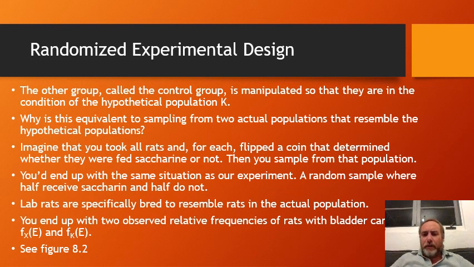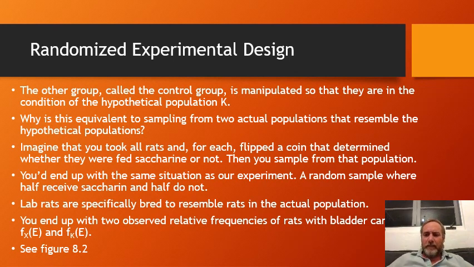Maybe it's intuitive why that's equivalent to having two actual populations that resemble the hypothetical populations and sampling from them. Instead, we're sampling from one population and dividing them into two groups. So the question is, why is that equivalent?